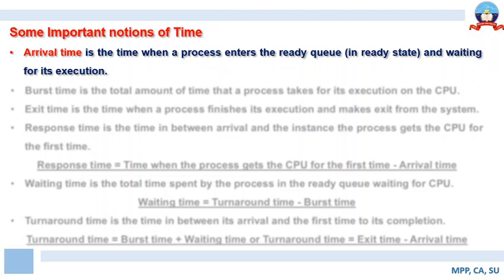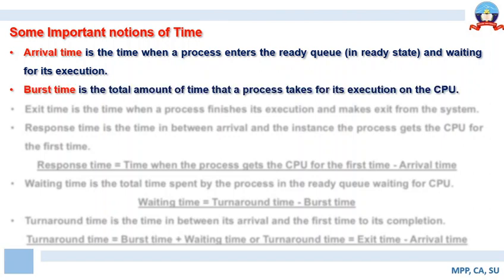So arrival time is the time when a process enters the ready queue and waits for its turn of allotment of CPU for execution. So this is what arrival time is: the time when the process enters into the ready queue.